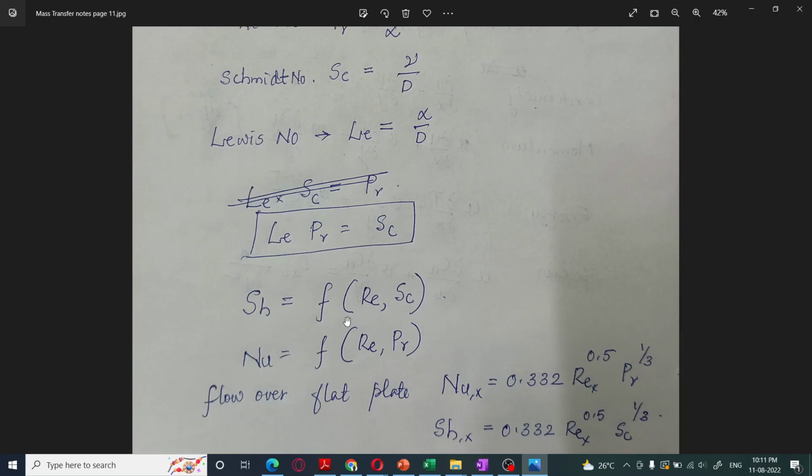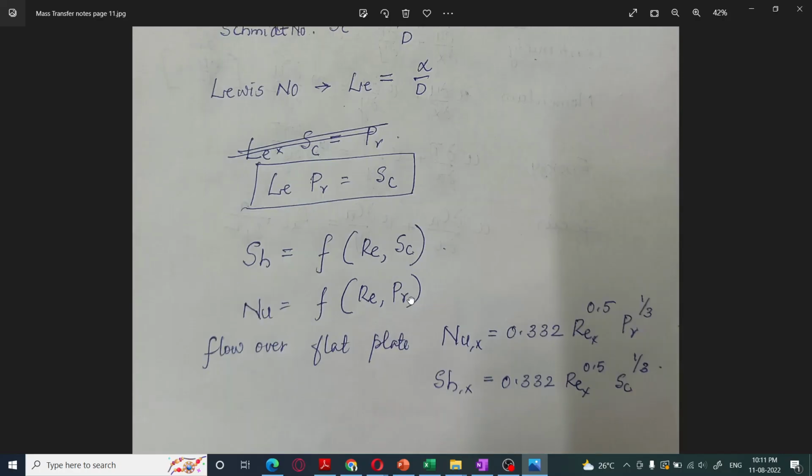So the Sherwood number is basically a function of Reynolds and Schmidt number. We know that the Nusselt number was a function of Reynolds and Prandtl. Sherwood will be a function of Reynolds and Schmidt number.